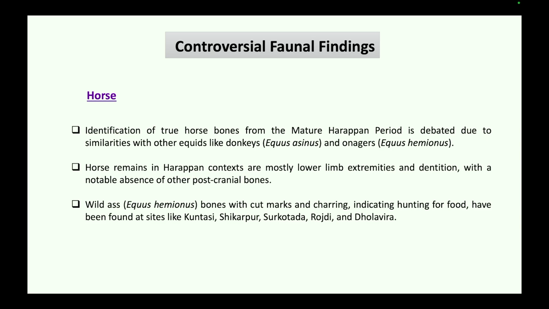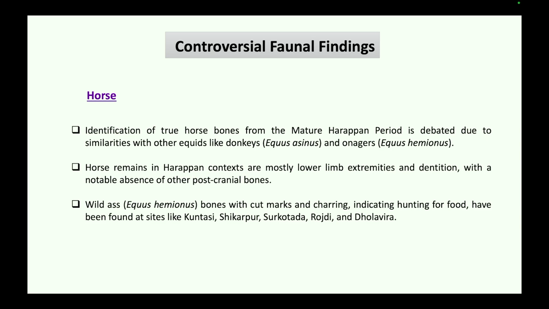There is a basic controversy because it is very difficult to differentiate donkey and horse and onagers, because it needs a specific kind of faunal remains, a specific kind of bones. A similar thing is happening with the identification of cattle. A specific bone should be found, and then we study it and it will give the differentiation between which one is cow, which one is buffalo.